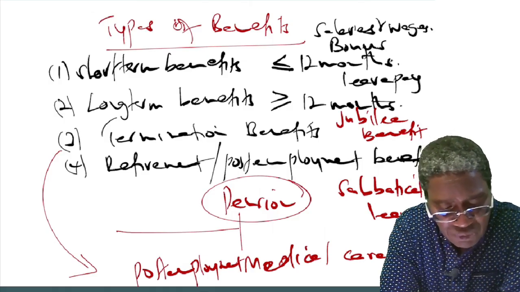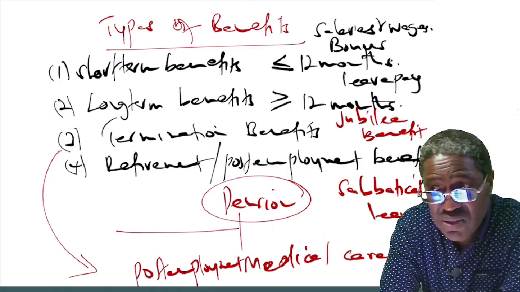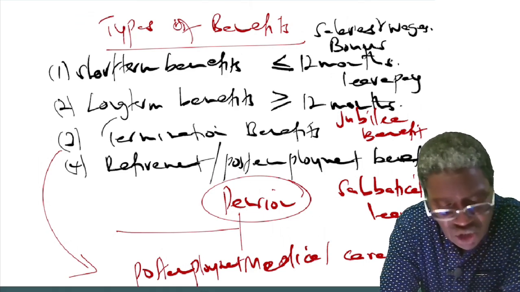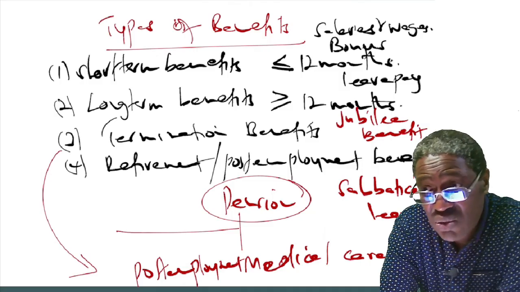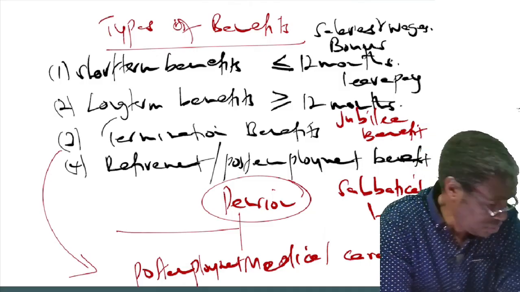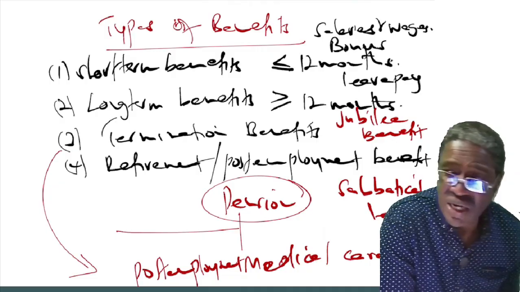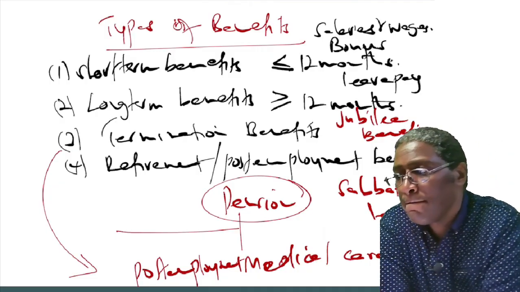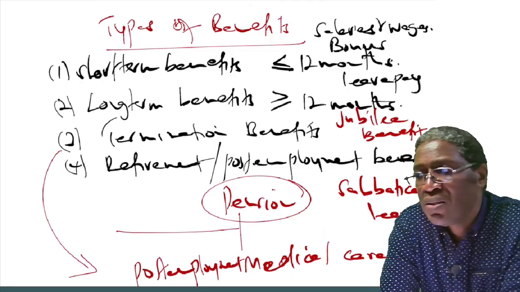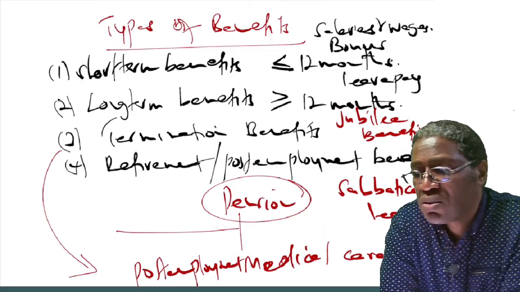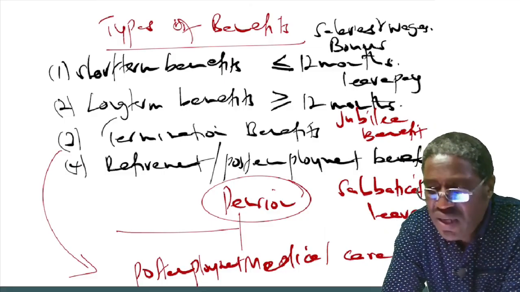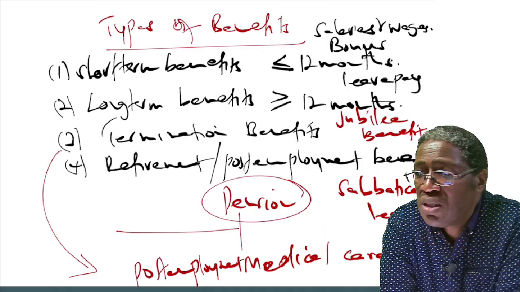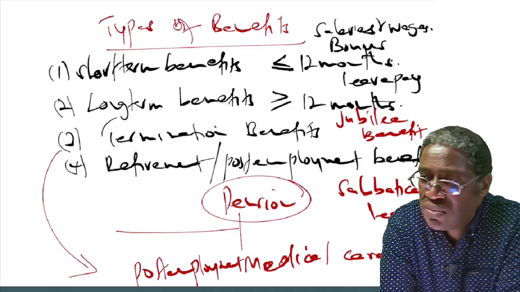These are benefits falling due within 12 months after providing a service, e.g., salaries and wages, bonus, leave pay, etc.